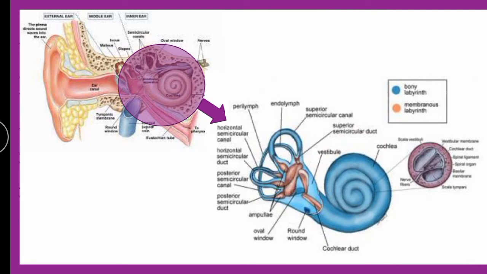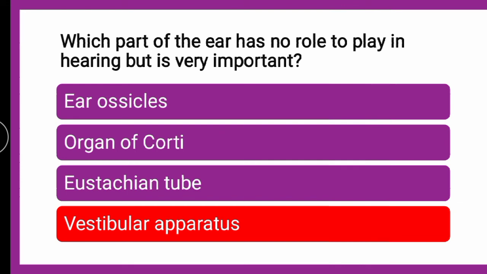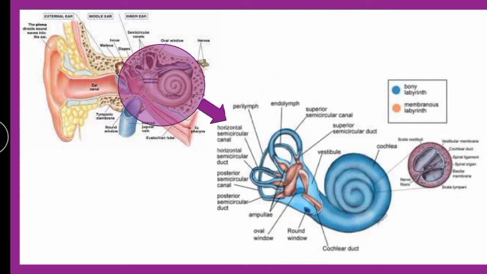It does not have any role in hearing, but it is still important. It is basically involved in the conduction of impulses, through the fluid which is responsible for the conversion of mechanical sound to electrical signal, that is, nerve impulse.